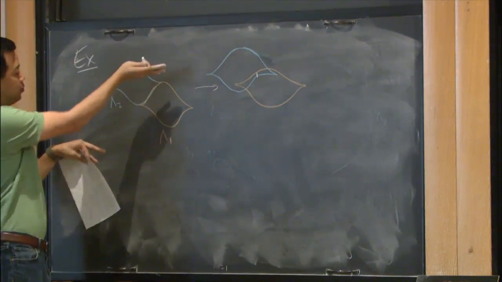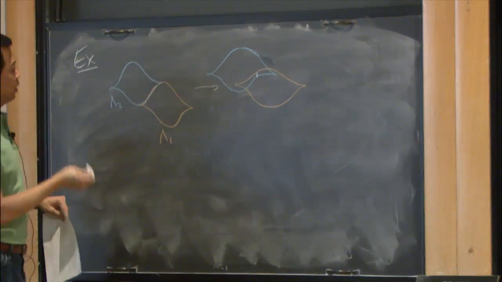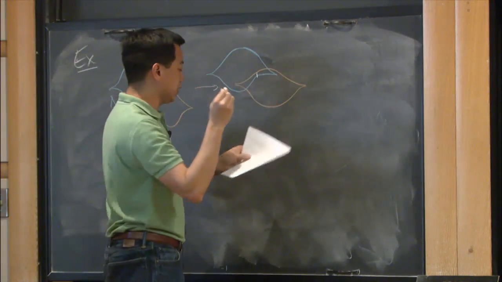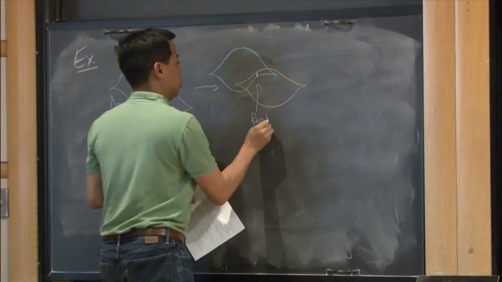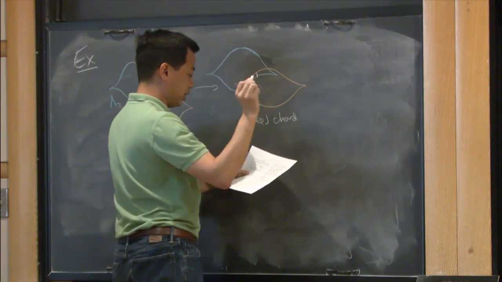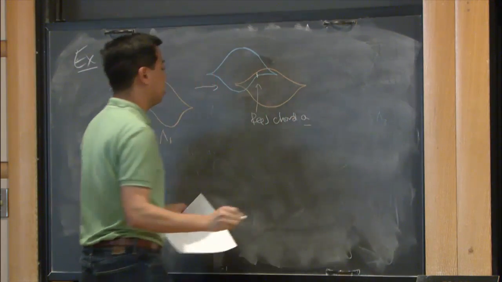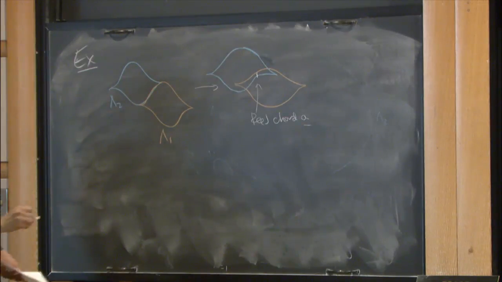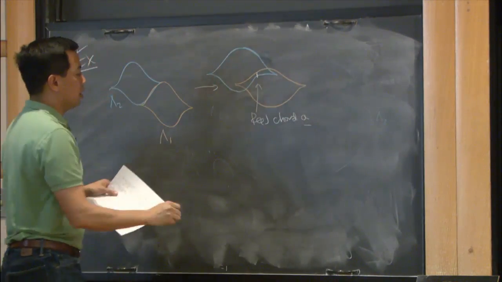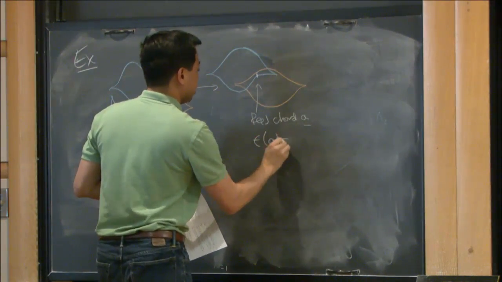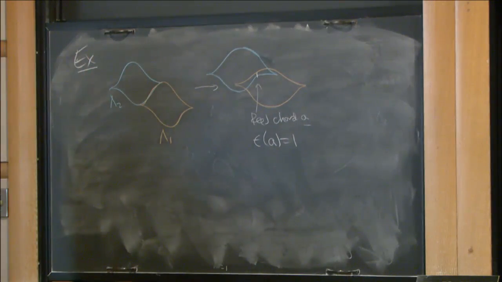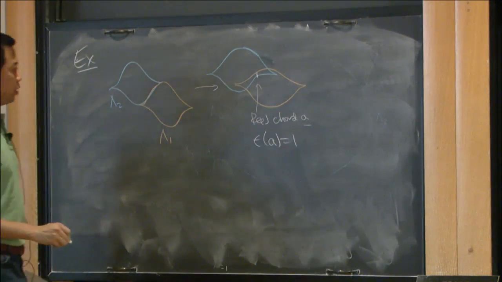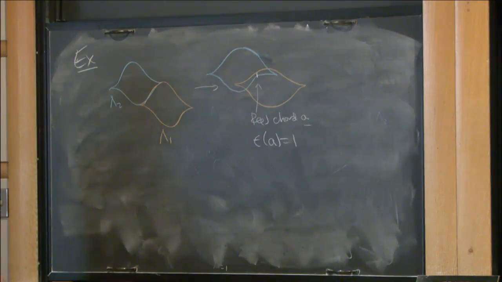If you just push it up directly, then there will be a whole family of Reeb chords. But I've set it up so there's just one in here, which I will call A. And there's an augmentation of this particular Legendrian link so that epsilon of A is equal to 1. And I think all the other Reeb chords get sent to 0. There are only 4 total Reeb chords, if I've drawn this correctly.